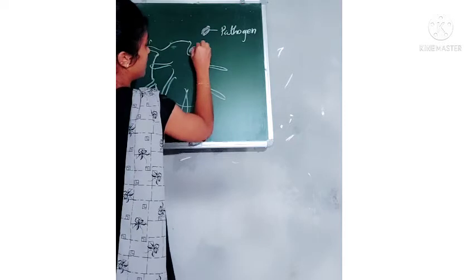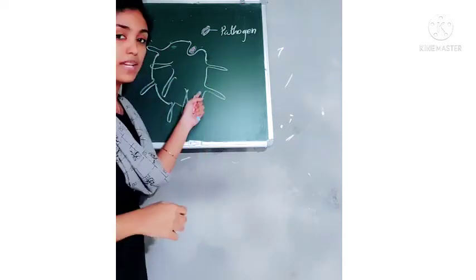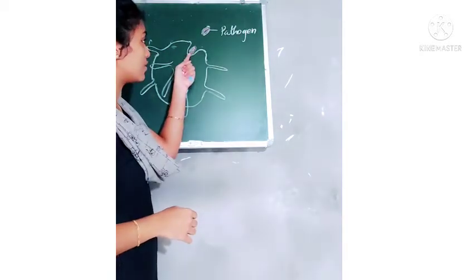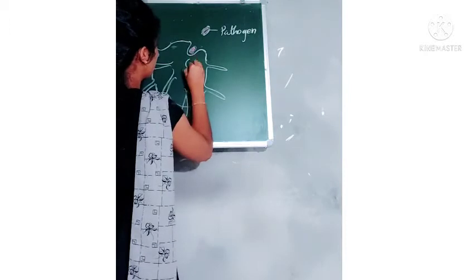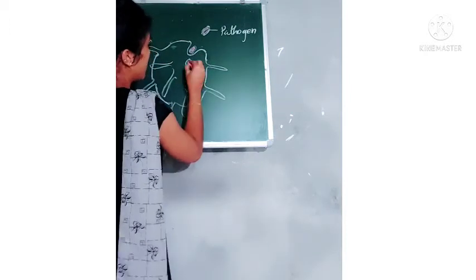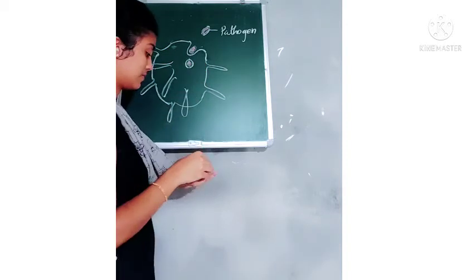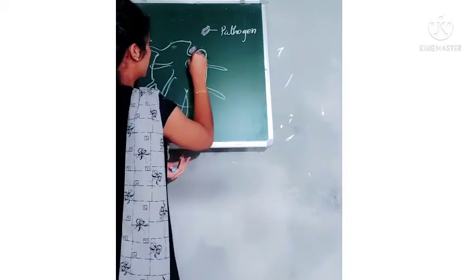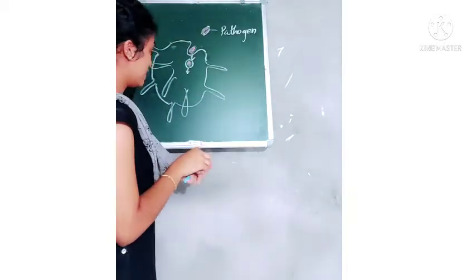So here you can see this is the white blood cell, and this white blood cell engulfs the pathogen into a membranous sac. So here you can see the pathogen is inside the membranous sac. Then after that, what happens? Let us find out.